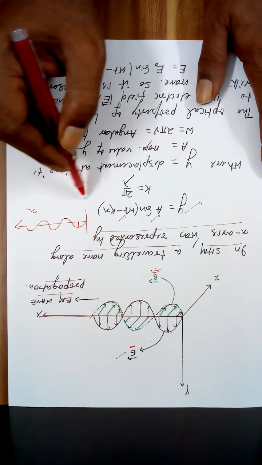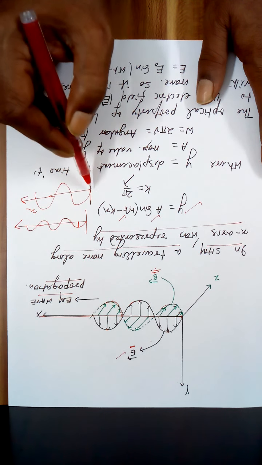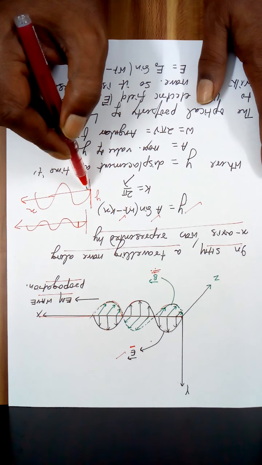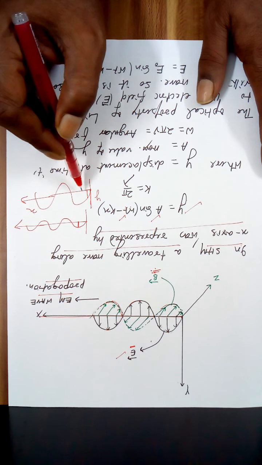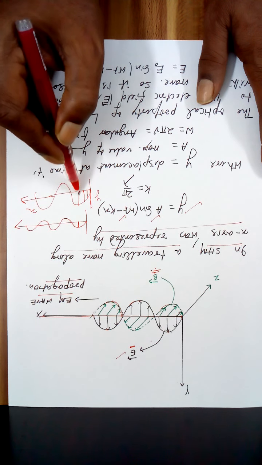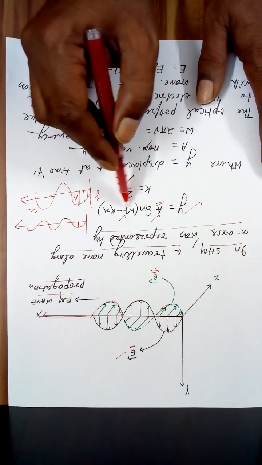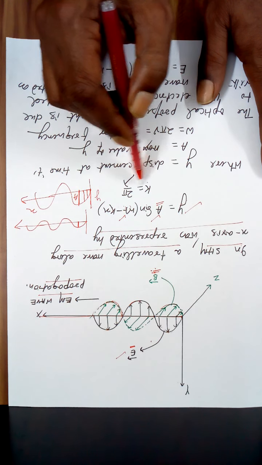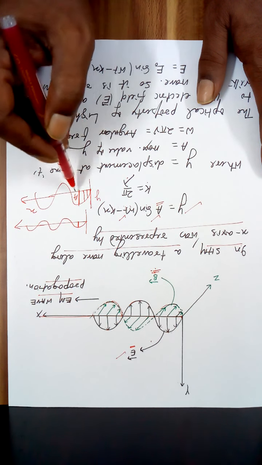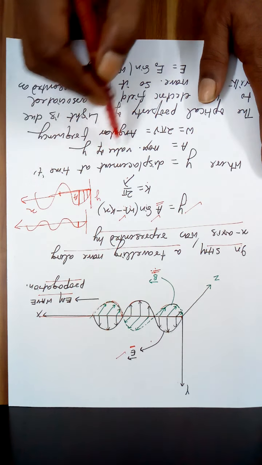Here, let me draw it again, and this is a wave traveling to the positive x-axis. To this side is y. Here y value is 0. Here y value is this much. Here y value is this much. Here y value is maximum. This maximum is called amplitude. y equals A sin(omega t minus kx), where k was 2 pi by lambda, called the propagation constant. Lambda is the wavelength, and x is any distance from here to here, any distance.